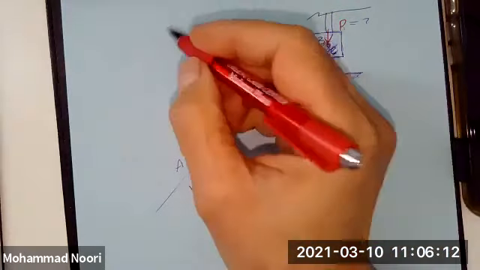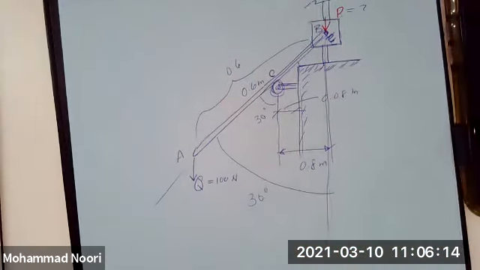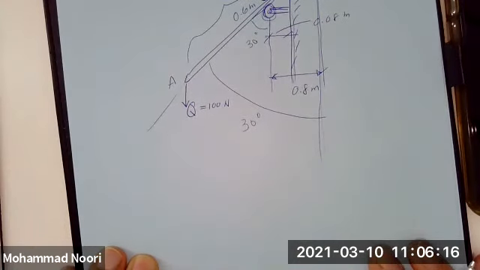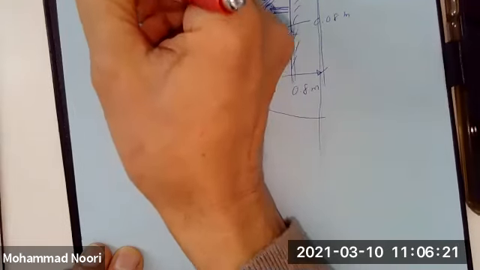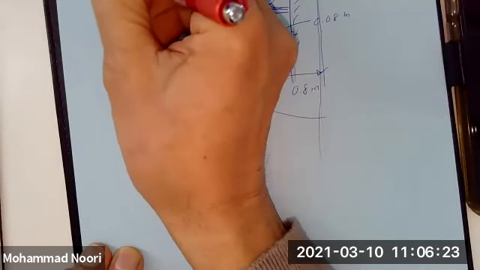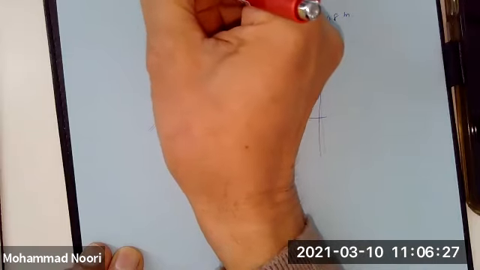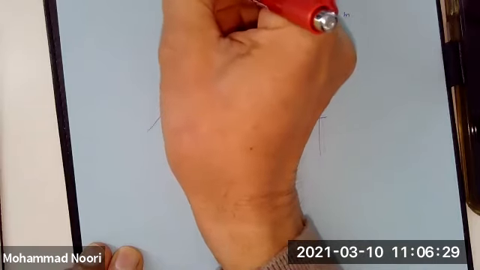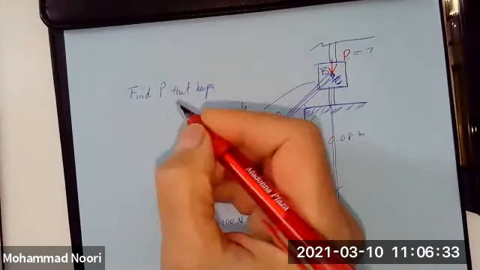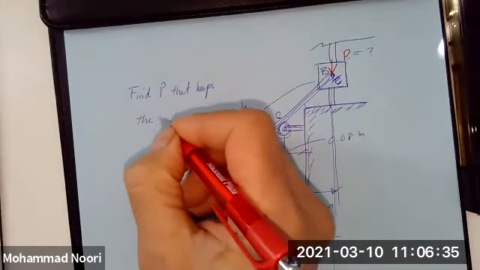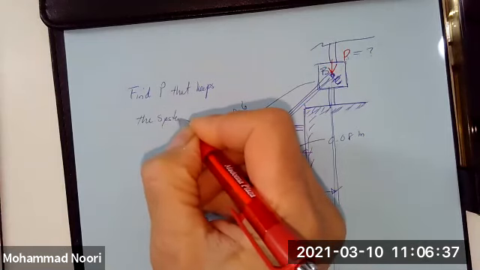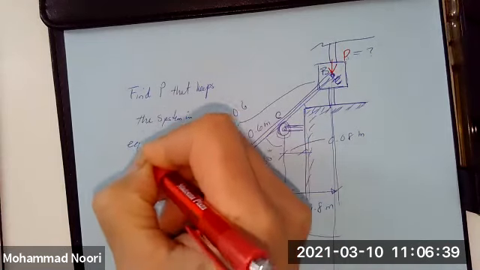So again, we draw the free body diagrams accordingly. So the question is, find P that keeps the system in equilibrium.